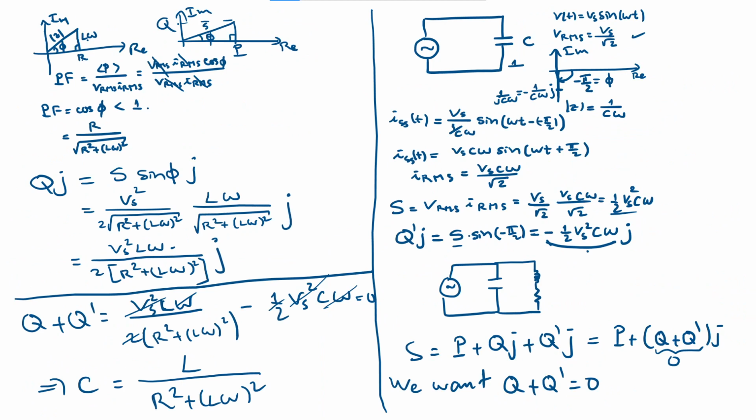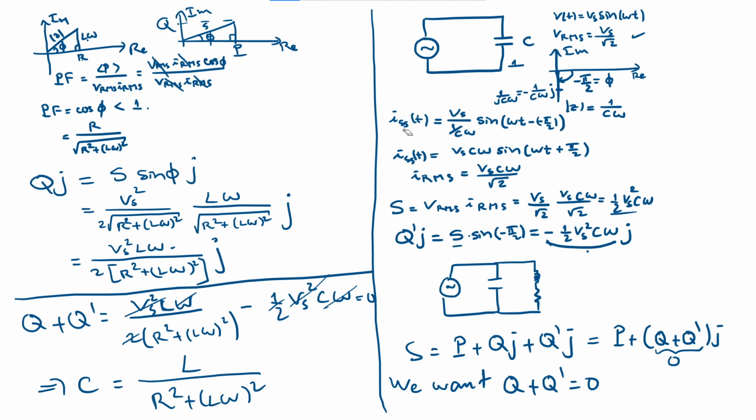What about the capacitor? For the capacitor you don't have the real part at all, you don't have a resistor, right? Because it's purely imaginary, it's on here, and the phase is minus 90 degrees.